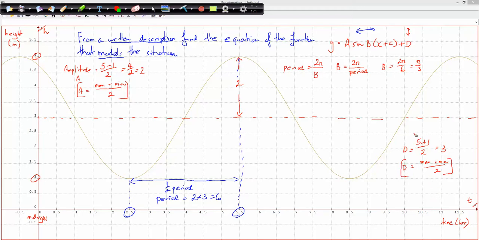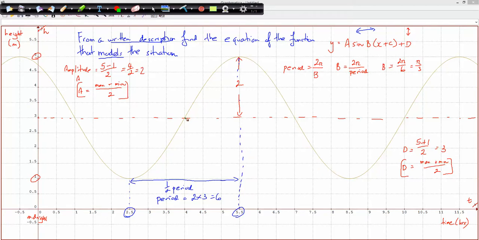Okay, so we're pretty close to getting our complete equation. We've got a, b, and d. Now what about c? I'm just going to swap to a different color here. Since I'm using a sine function, let me go across from the baseline until I can see a sine portion starting to begin.